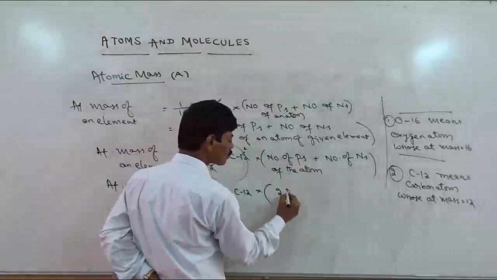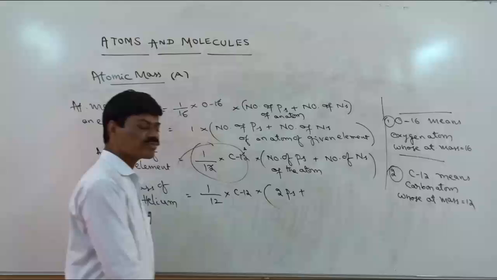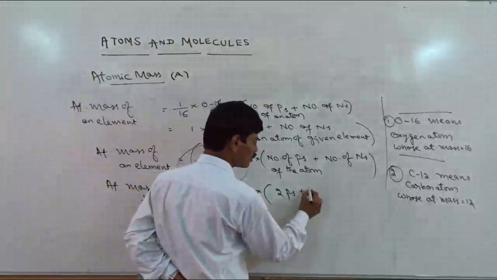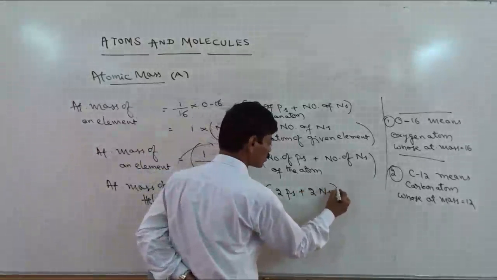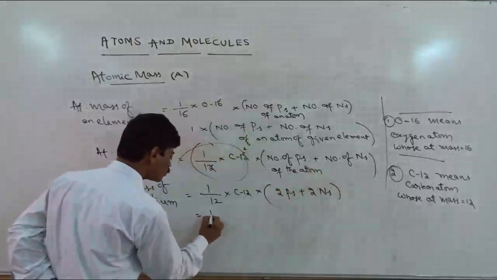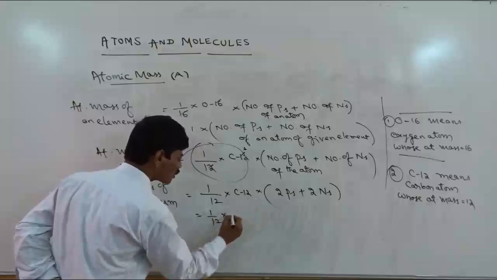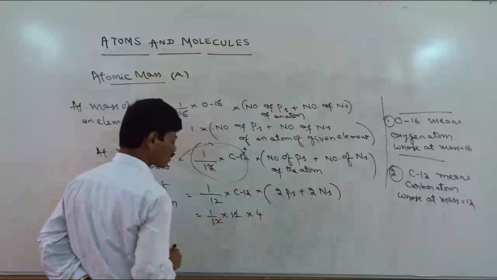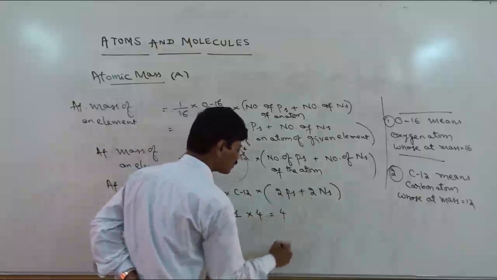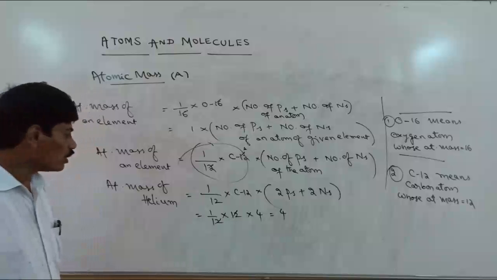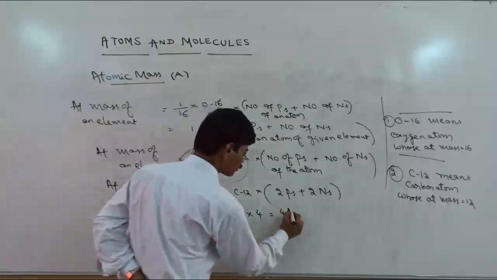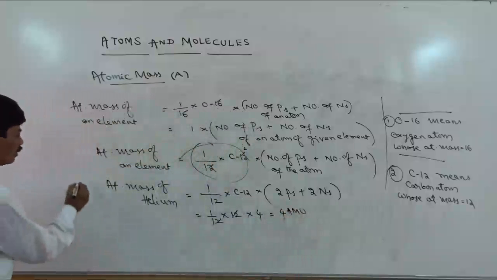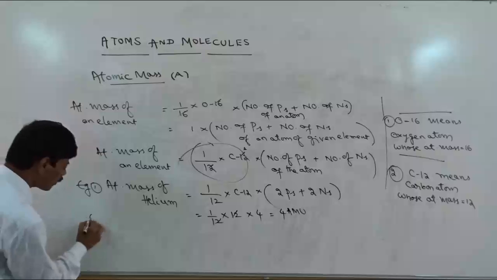So 2 protons plus the number of neutrons present in the nucleus of the helium atom, which is 2. So 2 neutrons. Now this is equal to 1 by 12 into 12 into 2 plus 2, that is 4. 12 gets cancelled. So this is equal to 4, and the unit used here is AMU, atomic mass unit.